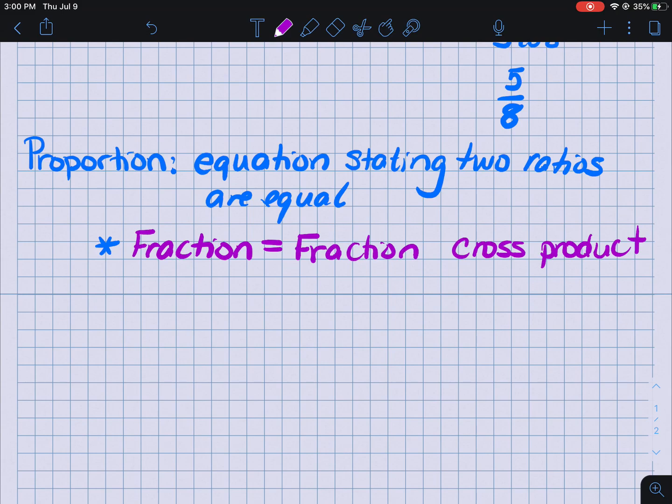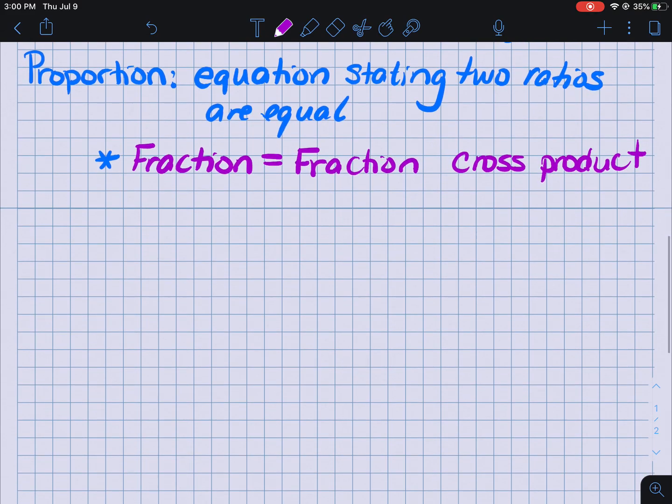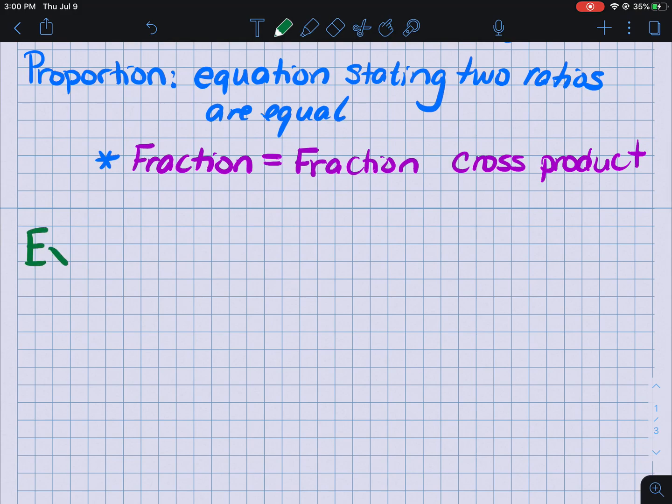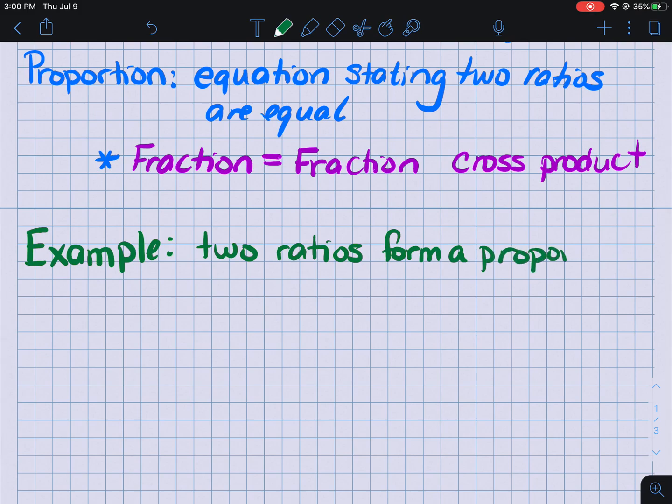There's 2 different types of problems you can do with this. So let's do example number 1 here. The first type you might get is, are these 2 ratios equal? Proportional is what we would say. Do these 2 ratios form a proportion? Now this one, you're actually testing to see if it's true. And we are going to use cross product.